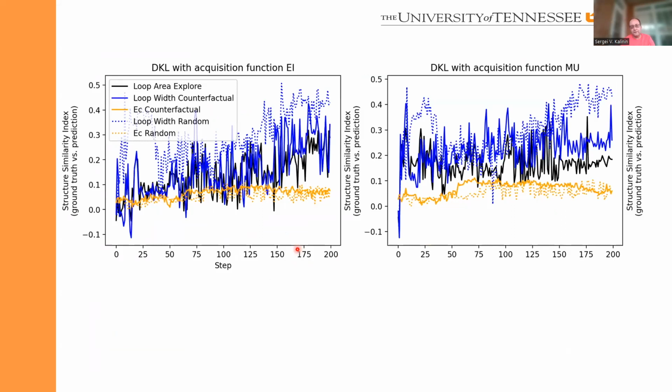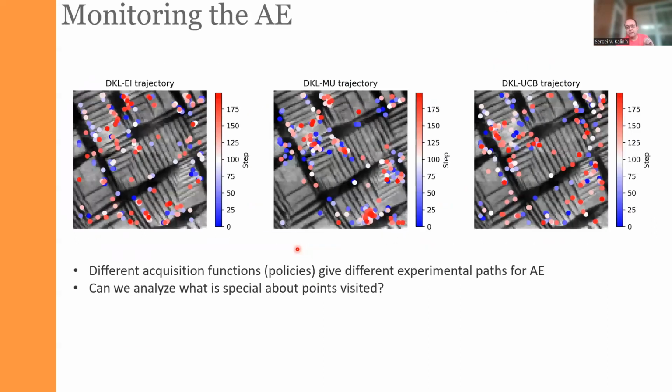There are other things that we can explore, and as I mentioned, this is a very active exploration process where we can play with structure similarity, trying to find out why a certain decision is being made. And as I mentioned, we can also explore the trajectories. In this case, this is the counterfactual experiment where we have the EI trajectory, the maximum uncertainty, and the UCB. You can see that the exploration is different.